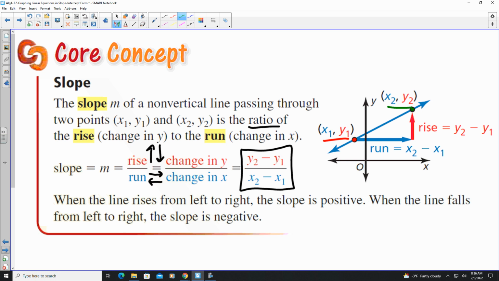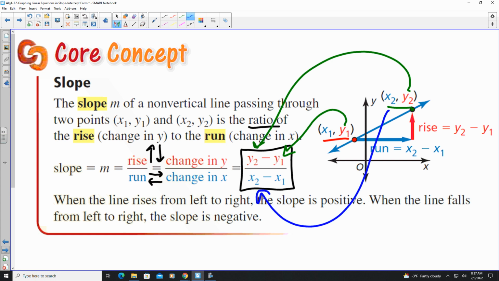If you have 2 points that you can identify on the line, those 2 points will assist you in determining what the slope is. So here, y2 goes right here, whatever that value is, and y1 goes right here. Same idea, x2 will go right here, and x1 will go right here. You'll get values for those variables, and then you can go about and solve.